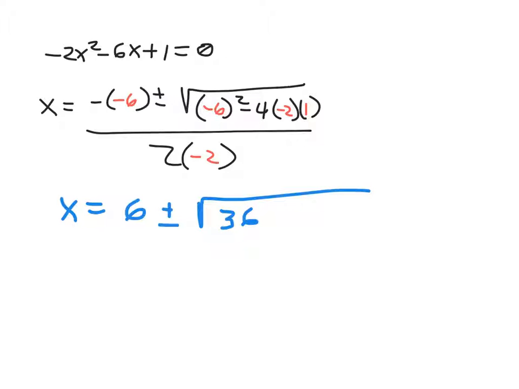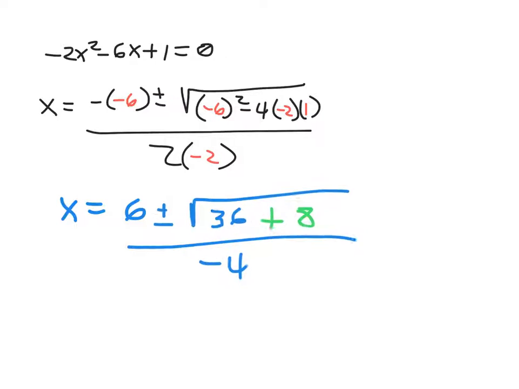Okay, being very careful here. -4 times -2 times 1. -4 times -2 is a +8 times 1 is a +8. So, just gonna write that. All over -4.